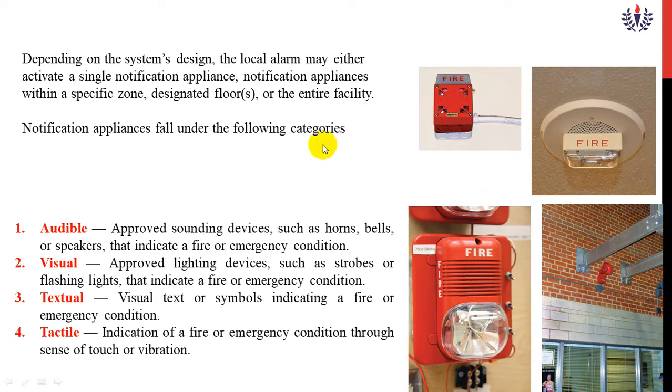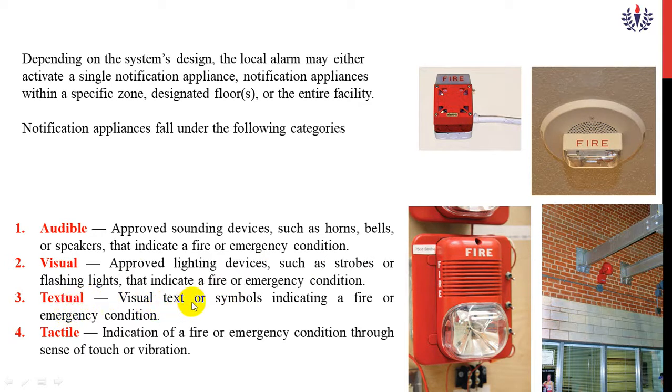Okay, and the communication which we are going to extract in the fire alarm notification appliances will have four classifications. One is audible, meaning sounding devices like bells or speakers that you can give during an emergency condition. Visual means approved light devices such as strobes or flashlights that indicate fire or emergency condition.